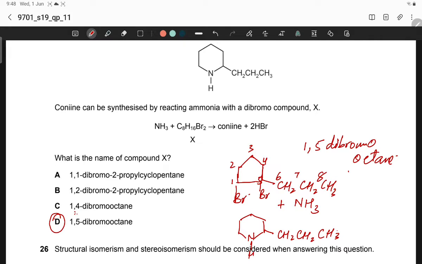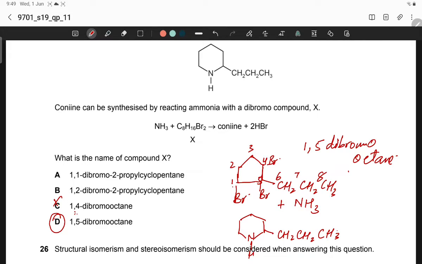1,4 is not possible because the bromine would be over here or over here. So this is not possible.